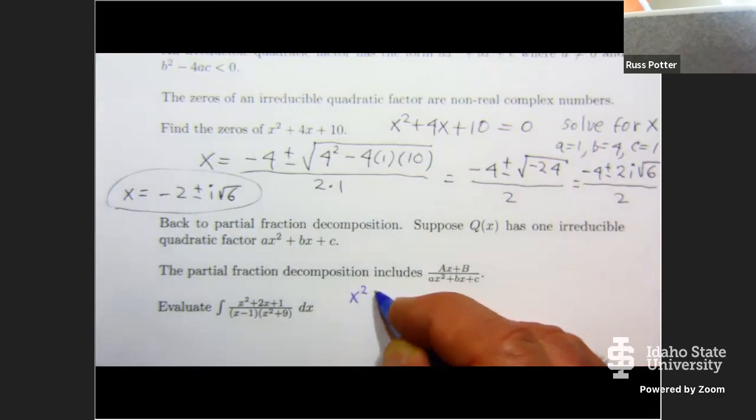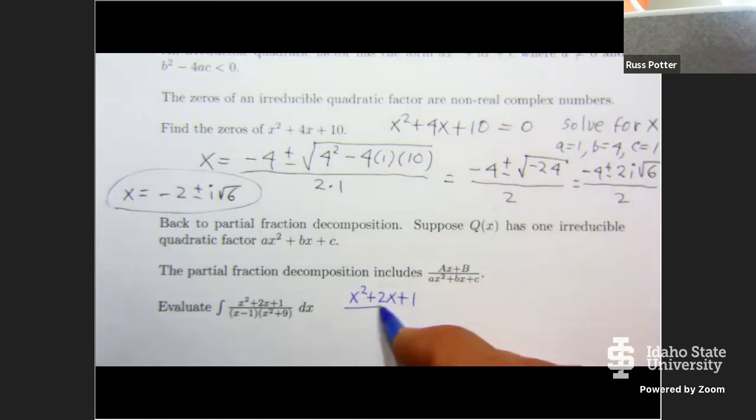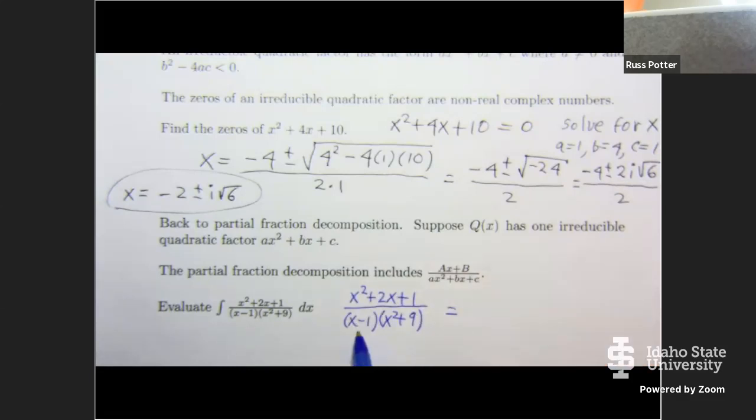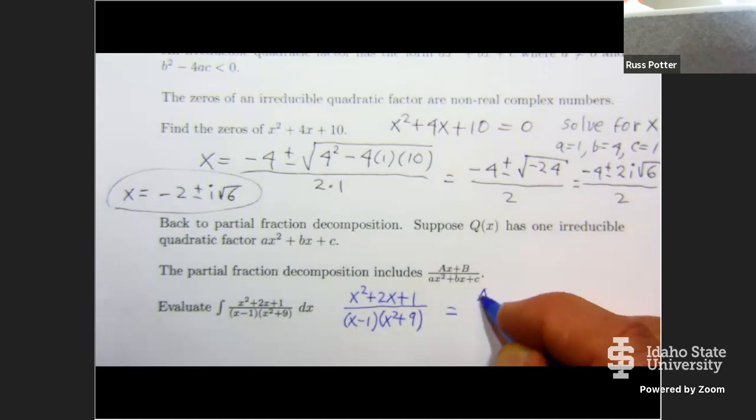First we can write the rational function x squared plus 2x plus 1 over x minus 1 times x squared plus 9. x minus 1 is linear, so we'll just write A over x minus 1.